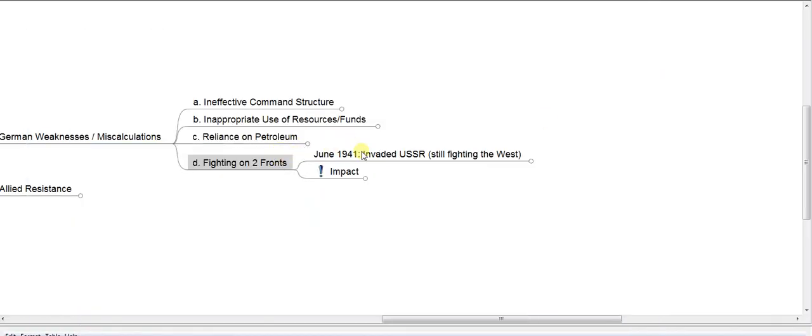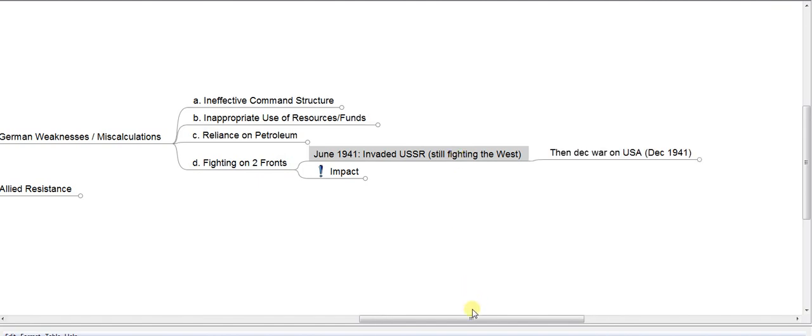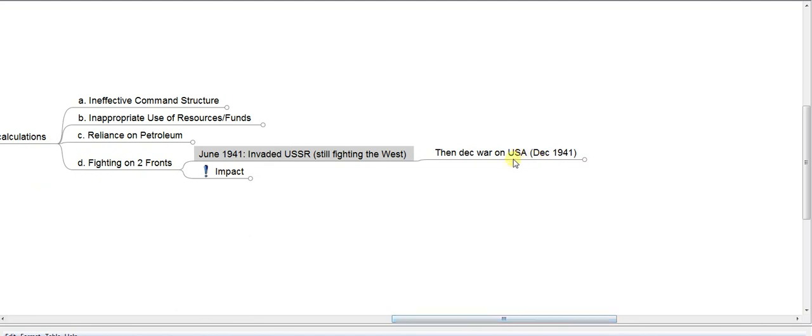So basically, remember, in violation of the Nazi-Soviet pact, Hitler invaded the USSR. At the same time, it was still fighting countries like Britain, but yet it decided to invade the USSR, which was very problematic because then later on they declared war on the USA. So two quite powerful countries were suddenly at war with Germany.